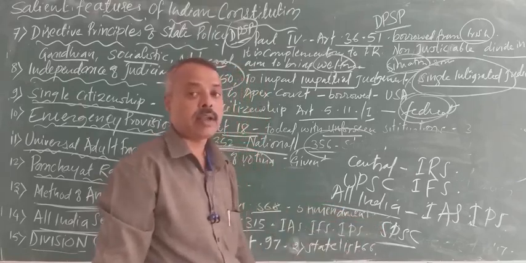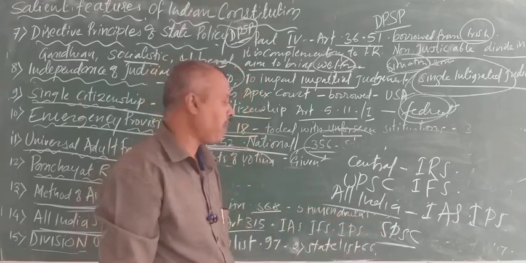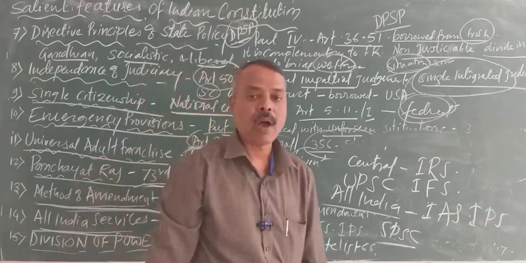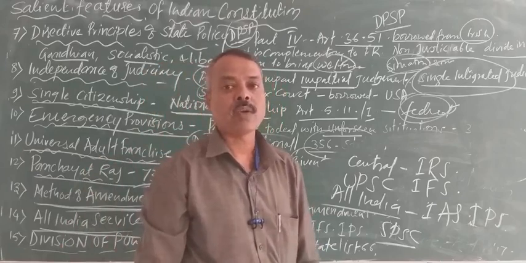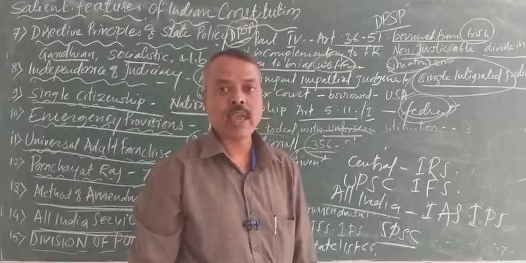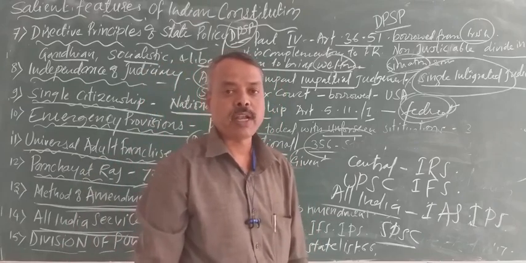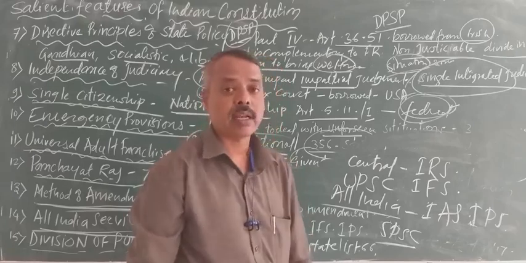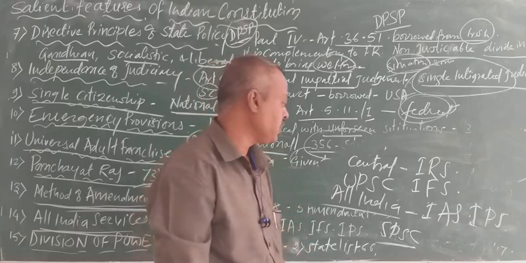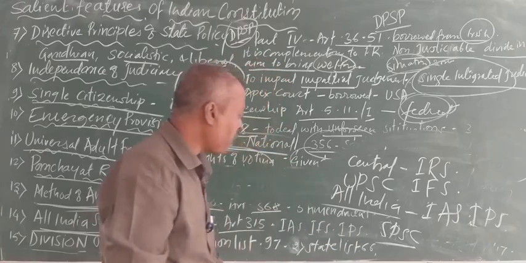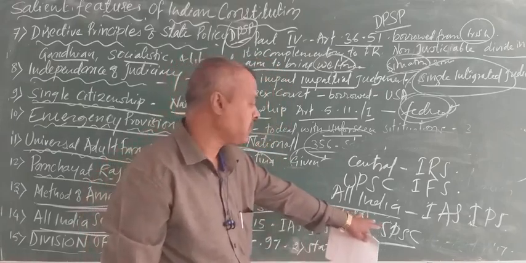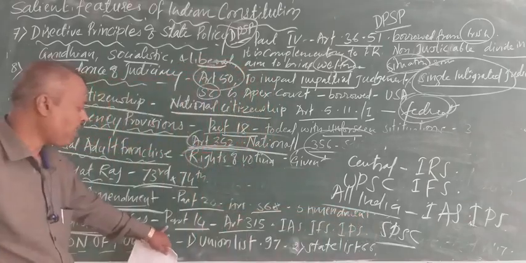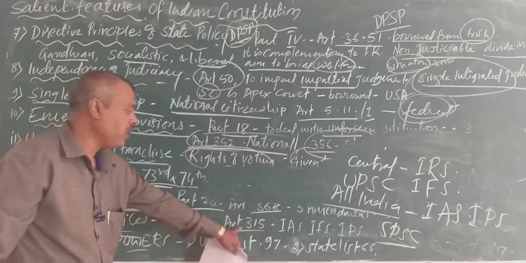For Karnataka, there is the KPSC, Karnataka Public Service Commission, which has the power to recruit officers such as Karnataka State Police Service, Karnataka State Administrative Service, and Karnataka State Educational Service, etc. Apart from that, there is a JPSC, Joint Public Service Commission. All this comes under the All India Services under Part 14, Article 315.